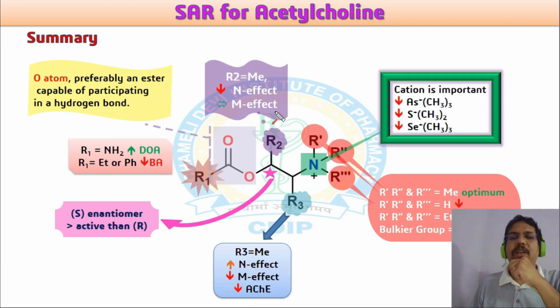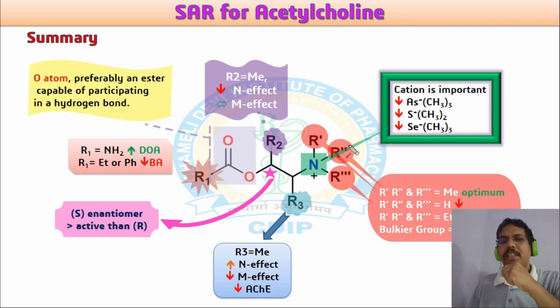And if we look at the stereochemistry, the key stereochemistry on the beta carbon, S enantiomers are more active, approximately 20 times more active than the R enantiomer. And if you look at substitution of the quaternary nitrogen by cation-bearing isosteres like arsenic, sulfur or selenium, in all these cases the activity decreases, but the cationic portion is important.